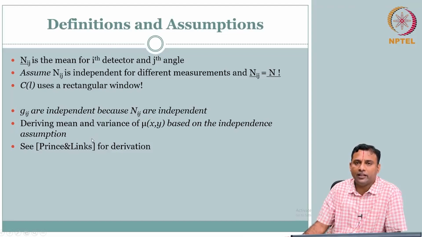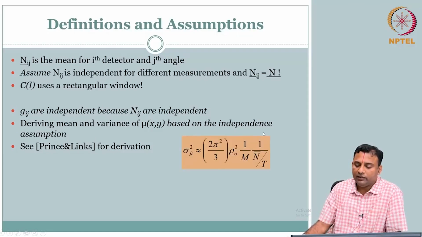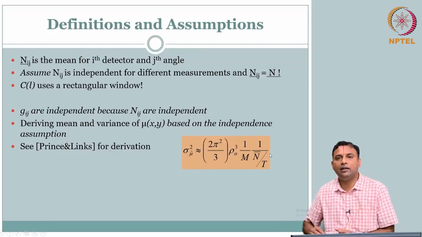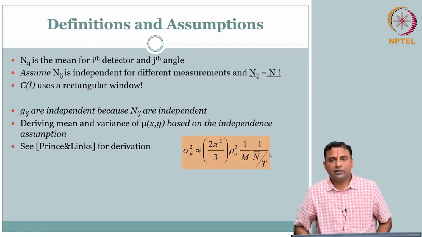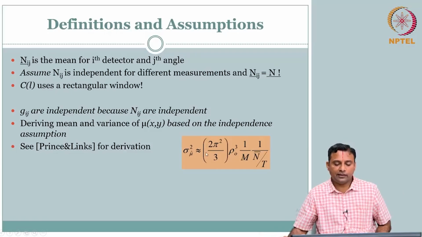Even in the text, it's not a detailed derivation, but there are a couple more steps that are given after these assumptions, and essentially you get an expression for your variance. So what is this?